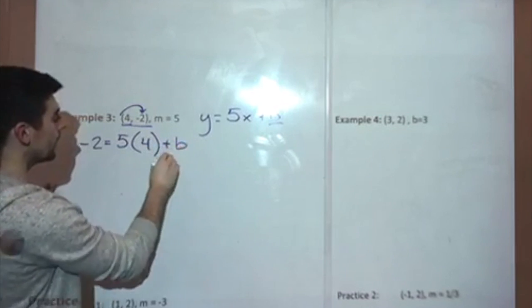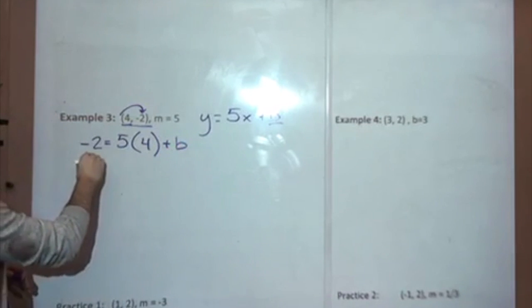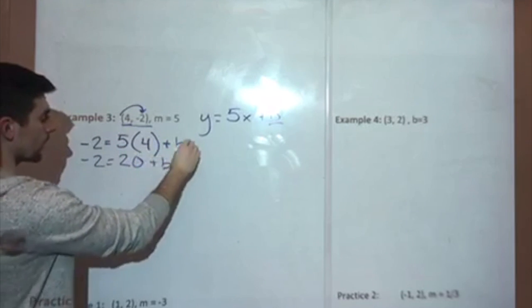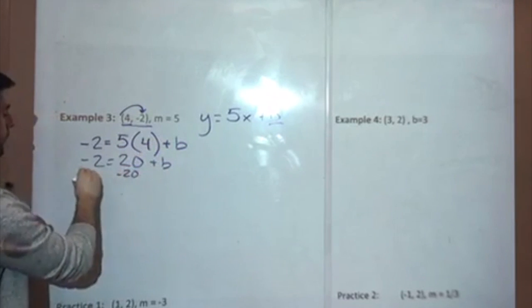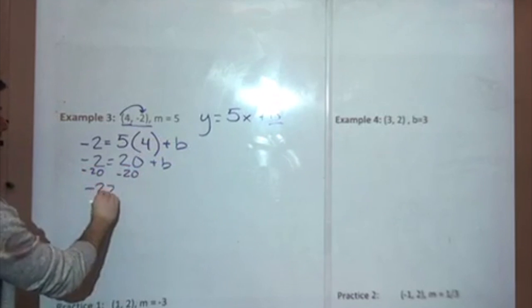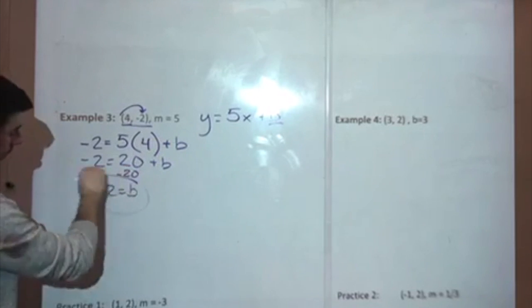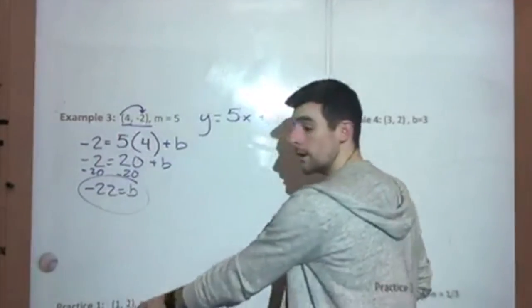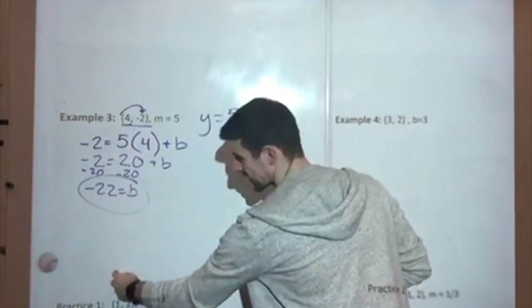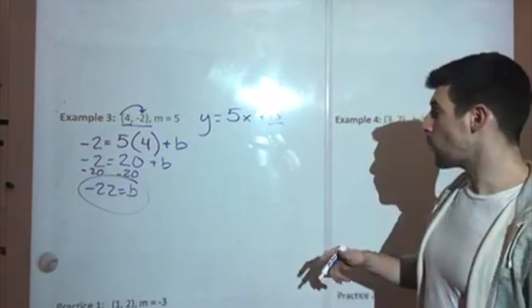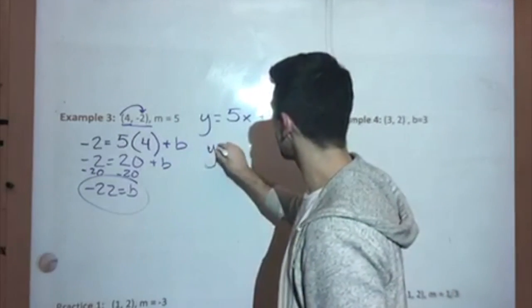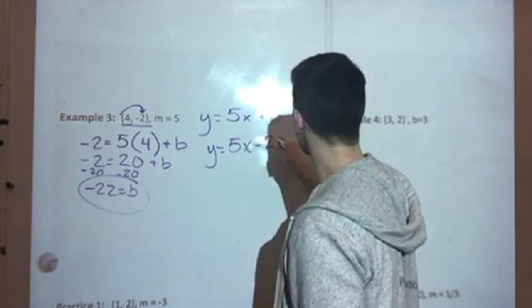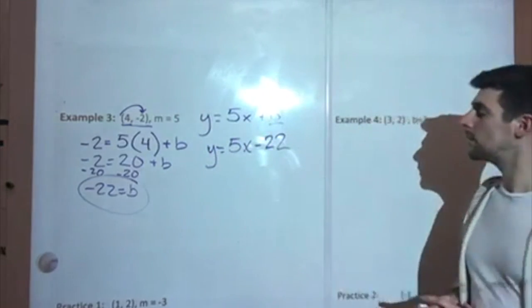I can then just solve this equation, which you all are really good at. 5 times 4 is 20, plus whatever this value is, and when I subtract 20 from both sides, ta-da! The y-intercept is negative 22. So you saw that graph how it was moving way down here. Now we know it was going to cross the y-axis at exactly y equals negative 22. So the equation for this line is y equals 5x minus 22.